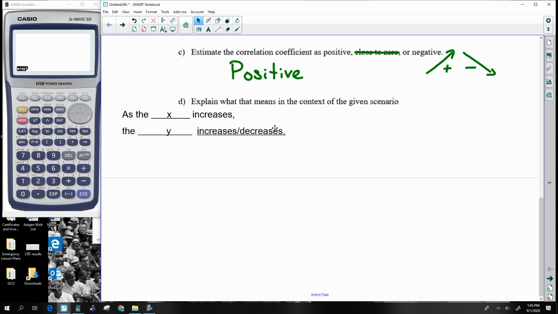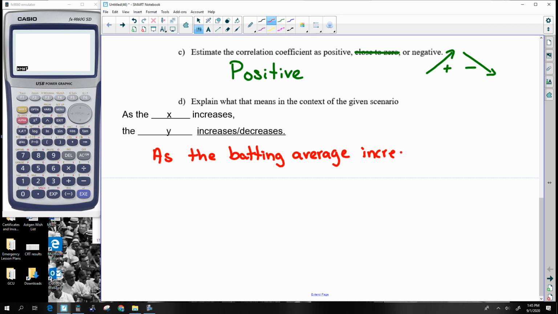So here's my answer thus far: as the batting average increases, the home run percentage. Okay, and now I have to decide, is it going to be increases or decreases?